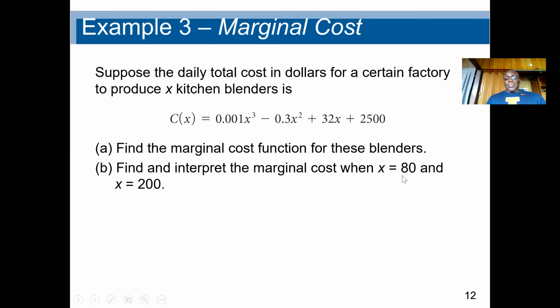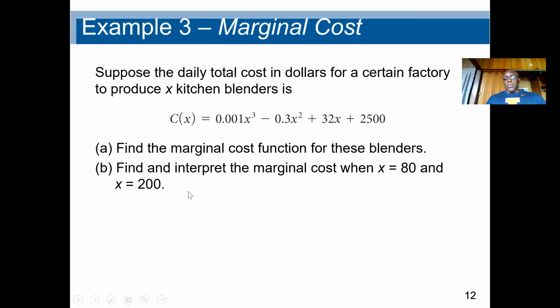So when x equals 80 means, what will be the marginal cost when we produce the 81st item. Also, when x equals 200, the same thing. What will be the marginal cost when we produce the 201st item? Same concept as revenue.